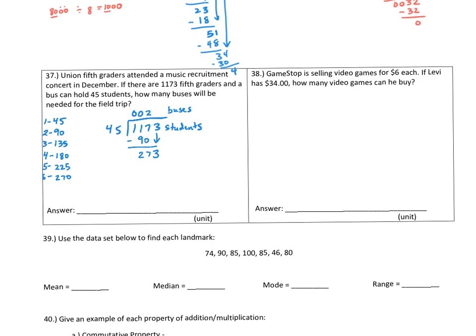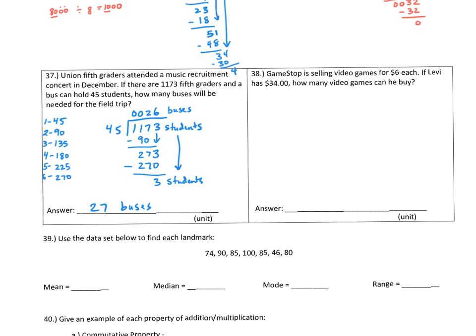Obviously, one more 45 would be too much. So I need a 6 there. 6 times 45 is 270. Now I have 3 students who are left over, and I know these are students because I started with students. Those 3 students need to be on a bus. So instead of 26 buses, I need 27 buses.